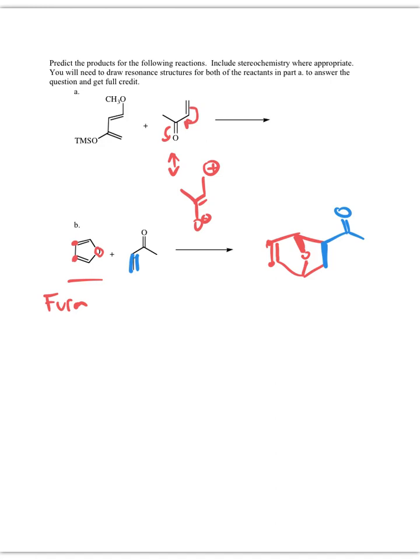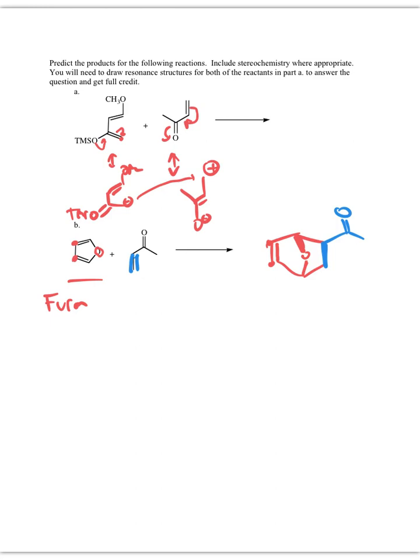Okay, we can use the OTMS or the methoxy, either one, and draw a resonance structure, and we get to where we have a negative charge on that carbon of the diene, which is going to react with this carbon of the dienophile.